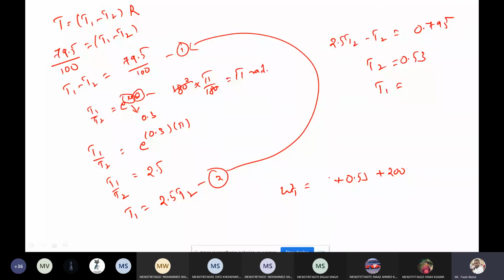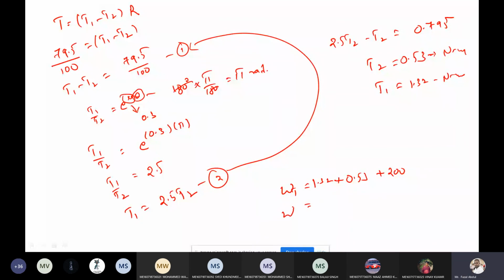Make it fast. T1 is 1.32 newtons. Very good, 1.32.